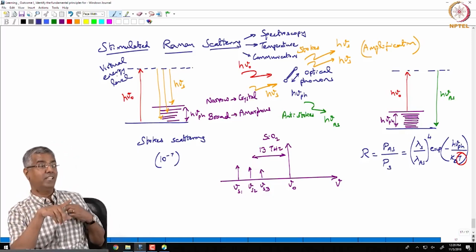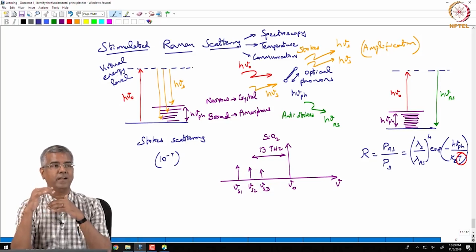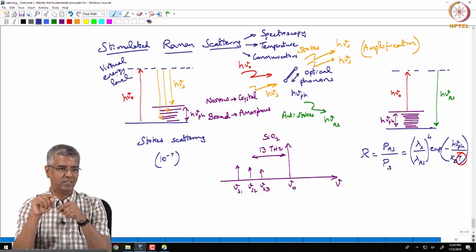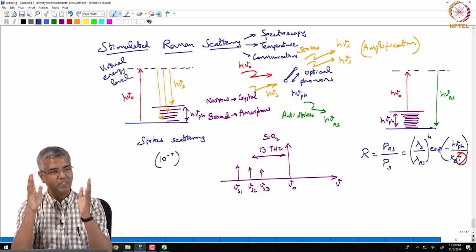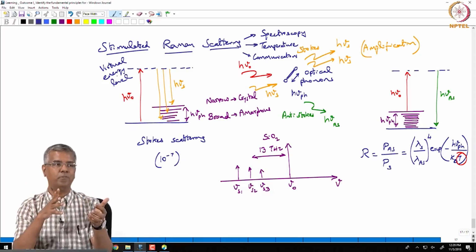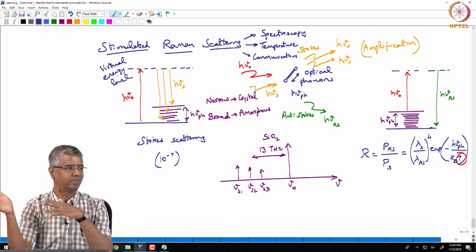But the key advantage is, because your energy levels are fixed in rare earth ions, you could get amplification only at very specific wavelengths. If you use erbium, you get amplification at 1550 nanometers. If you wanted amplification at 1 micron, you needed to go to ytterbium.